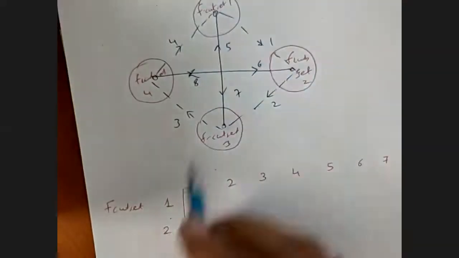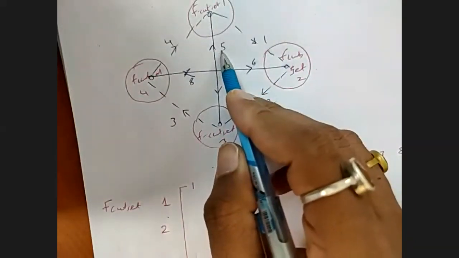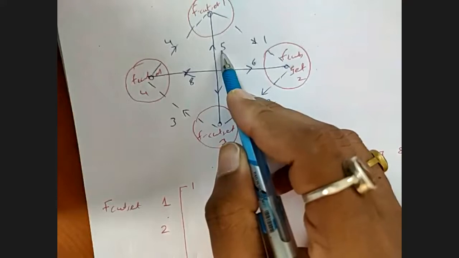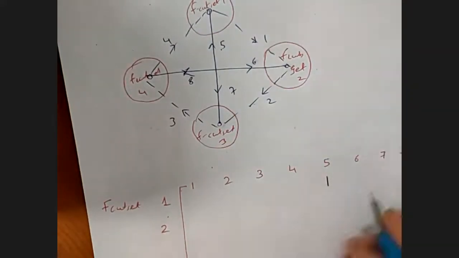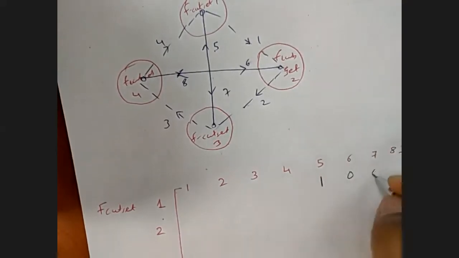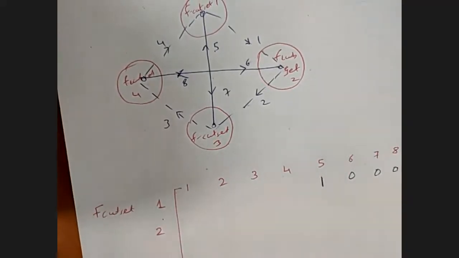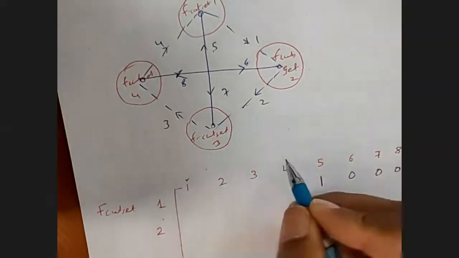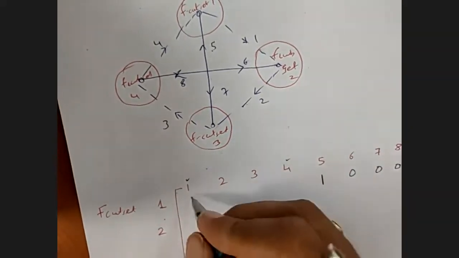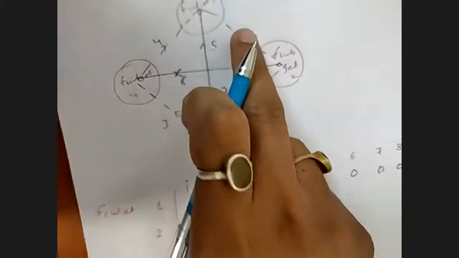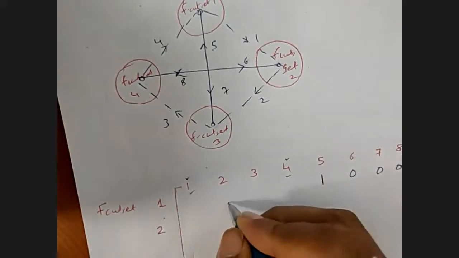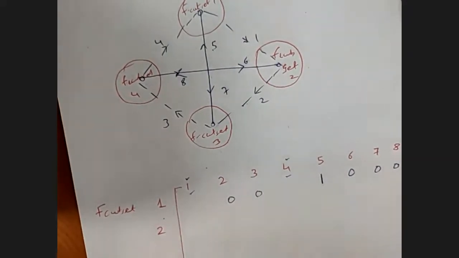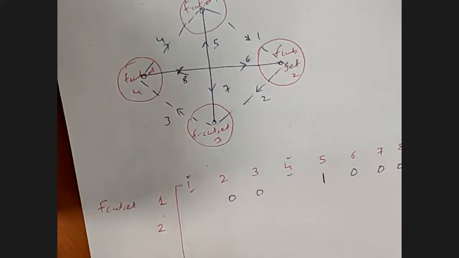In this, your 5 is your twig, so it will be plus 1. 6, 7, 8 are not part of this F cut set. Now 1 and 4 are part of this cut set. That means 2 and 3 are 0 because they are not part of this cut set.